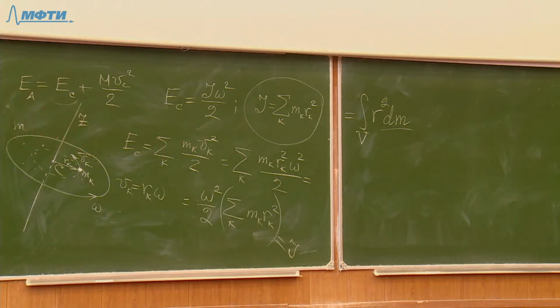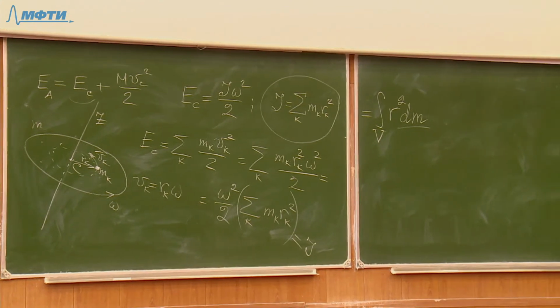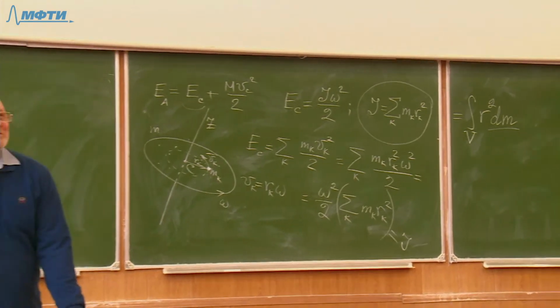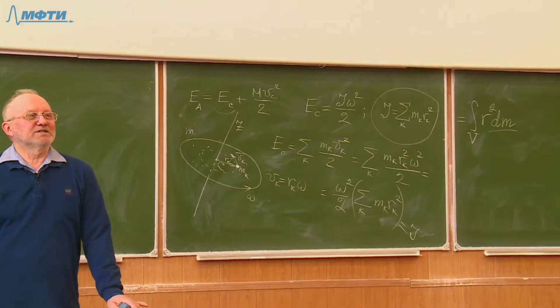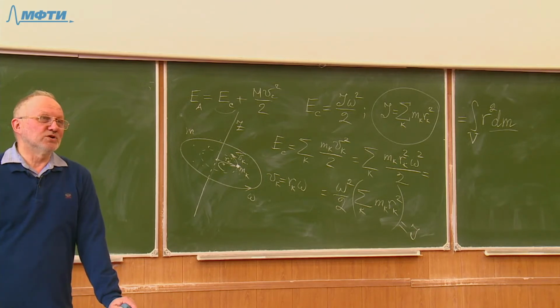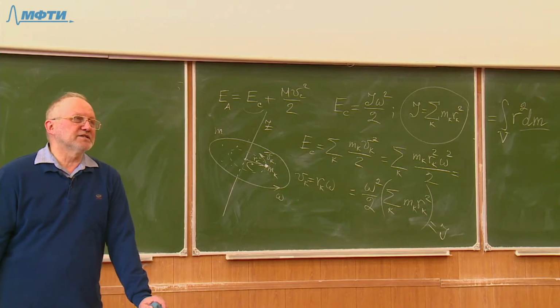When a physicist is using the words infinitely small, he means something different from what a mathematician means when he uses the same words. In mathematics, infinitely small is infinitely small. In physics, infinitely small is actually not infinitely small, but very small.